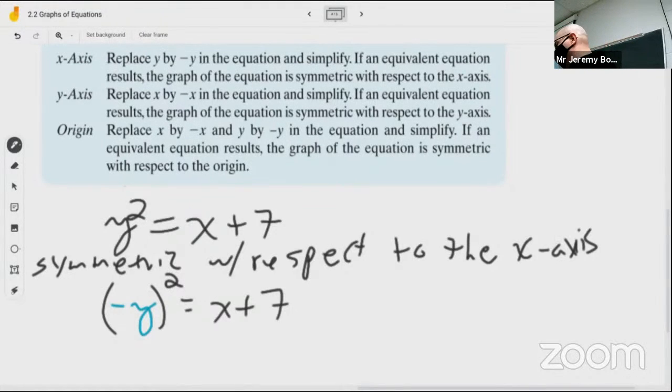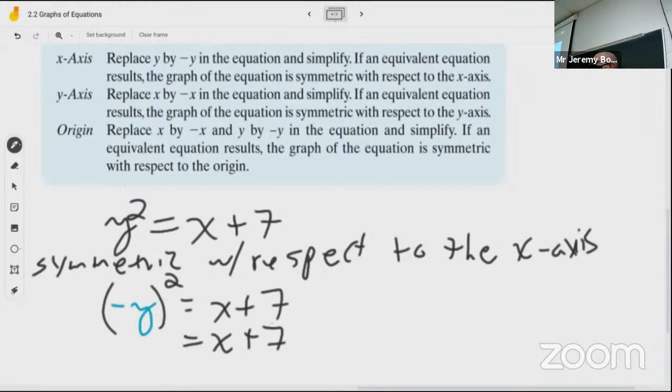Now, nothing's going to happen on the right-hand side, right? I mean, it's x plus 7. Nothing I can do with that. But can I evaluate negative y squared? If I square a number, if I square positive 2, what do I get? I get 4, right?